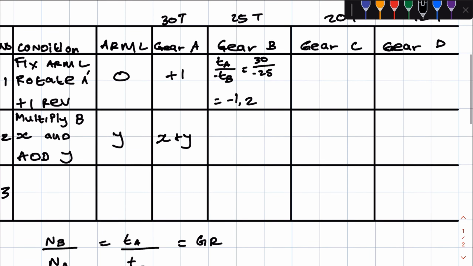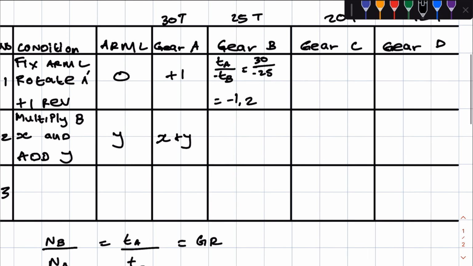They said clockwise direction, so positive 6.5. And then we are looking for the rotational frequencies of gears A, B, C. So we're looking for NA, NB, and NC.